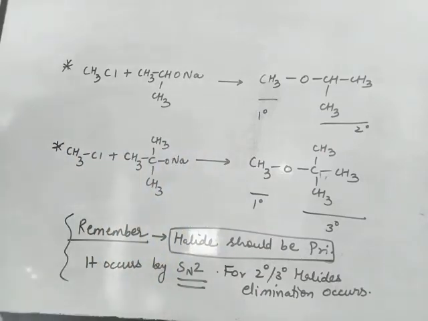That Williamson synthesis mostly occurs by SN2 mechanism, and for SN2 mechanism the yield is best when the halide is primary. And if by chance you take any secondary or tertiary halide in Williamson synthesis, then elimination precedes substitution. So your main product will be alkene then.